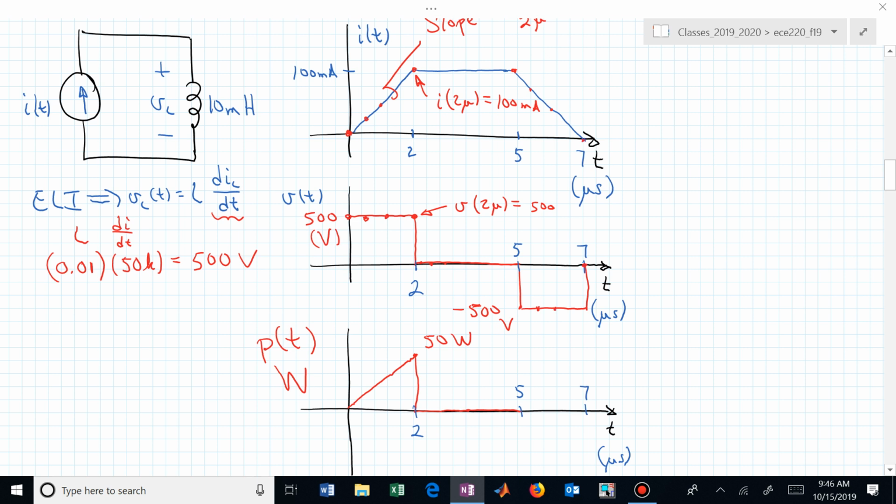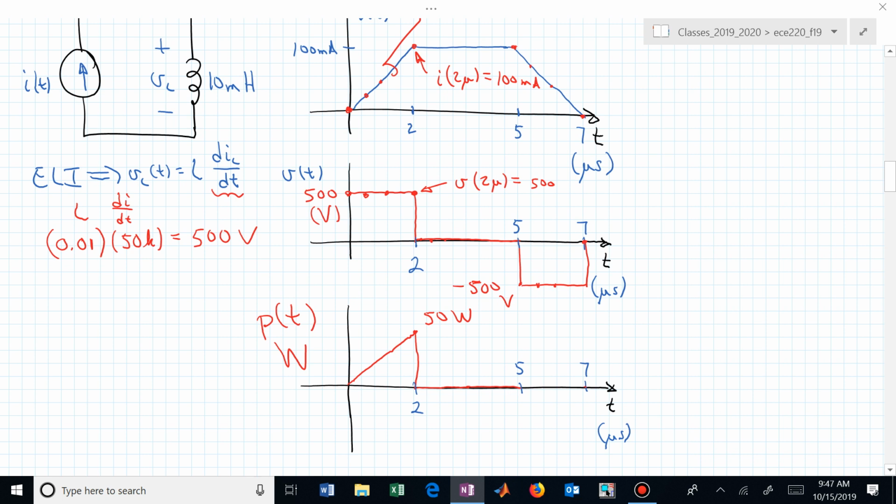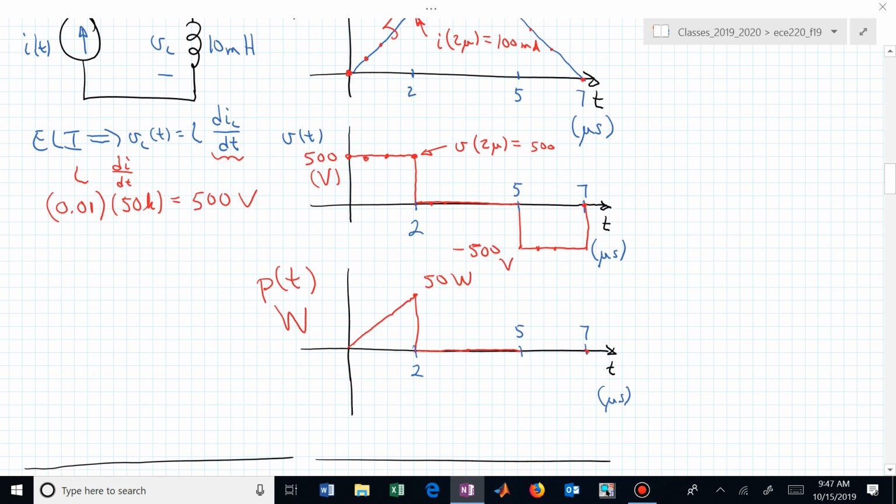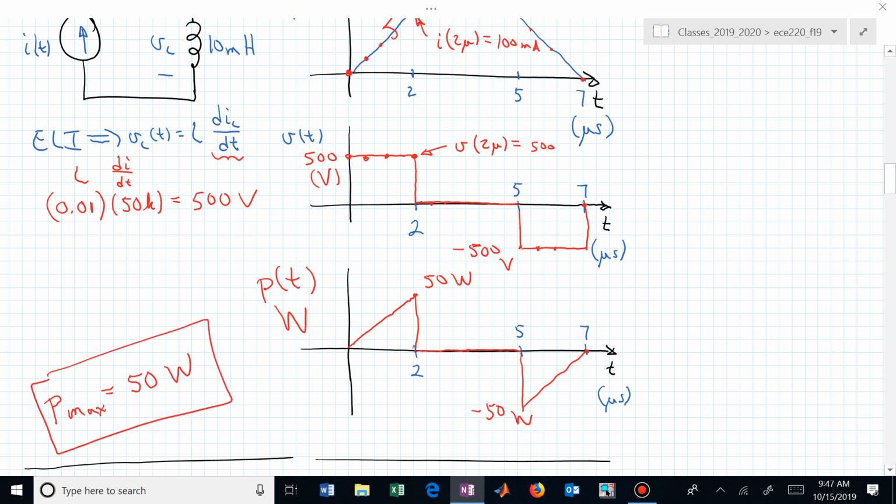At 7, we better be at nothing. At 5, what are we at? We're at minus 500 times 0.1. We're at minus 50. This shape now looks like that. And then our maximum power is going to be the 50 watts.